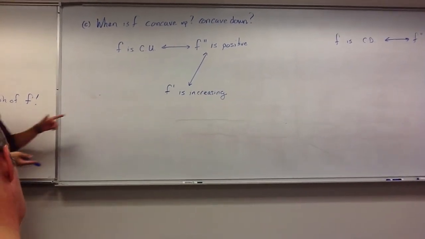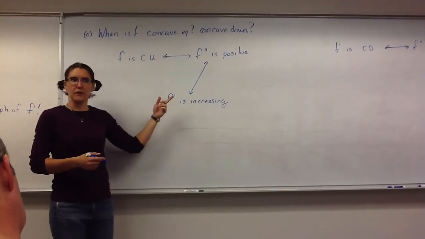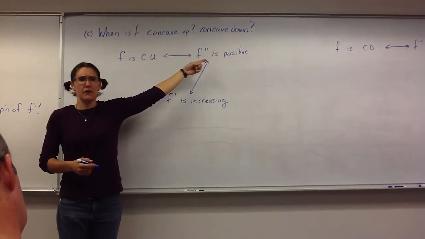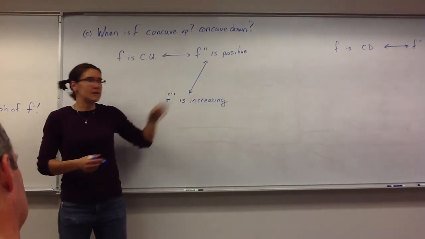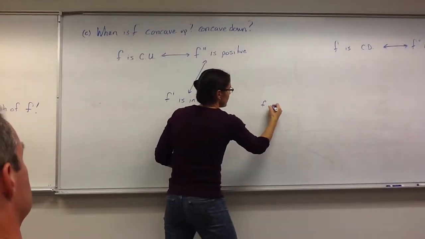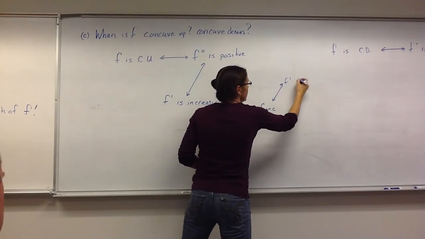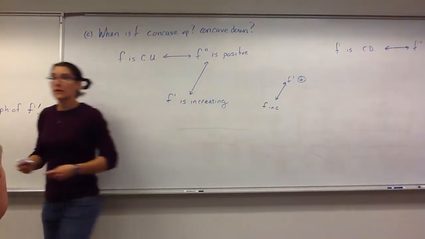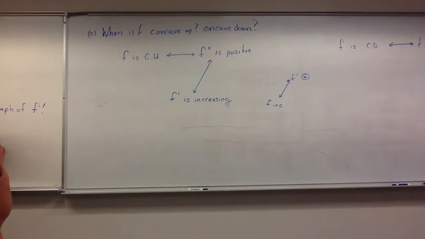Okay, so when this function f prime is increasing, then its derivative should be positive, and its derivative happens to be f double prime. So this link between these two is just like the link between f is increasing connecting to f prime being positive. It's the same link. We're just now talking about the relationship between f prime and f double prime versus f and its derivative.